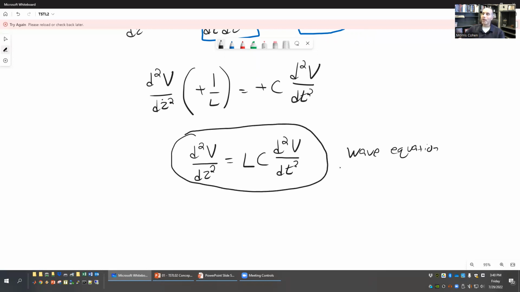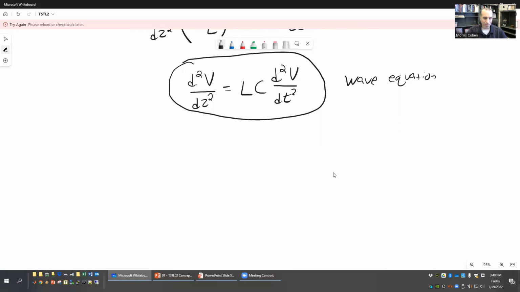Now, we can do a whole class on differential equations in order for you to figure out what the solution to this is. But in this case, it might be easier to just write it down and prove to you by inspection that we know what the solution is.